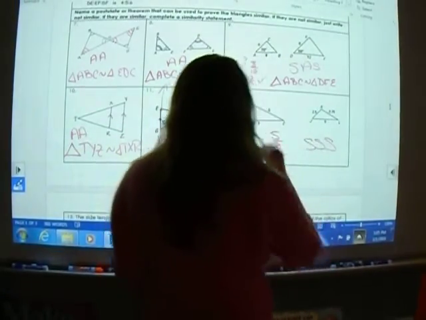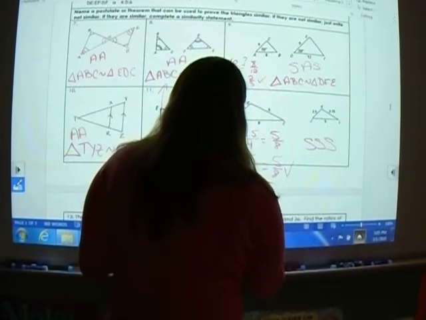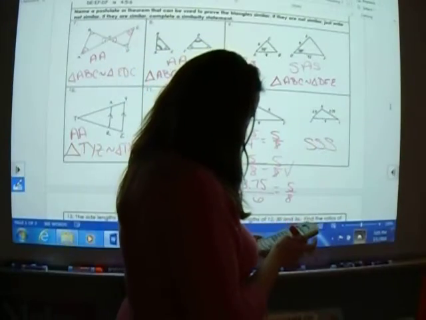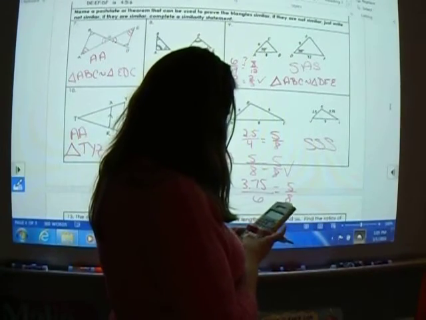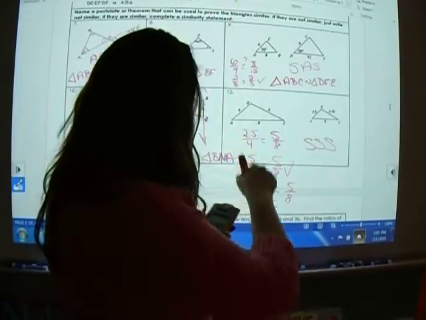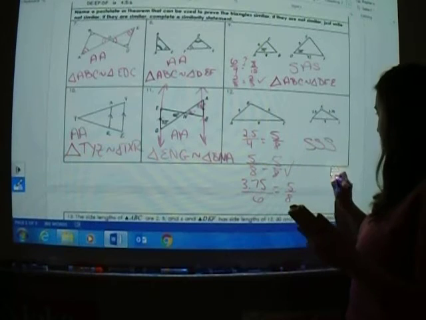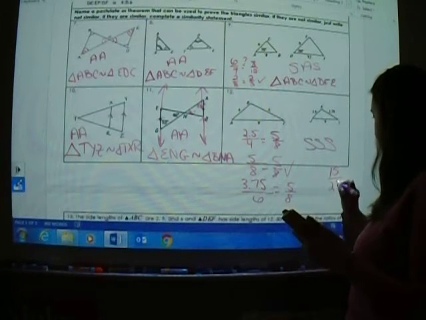Well, actually, we have to check if this is 5 eighths. We need to check this as well. So we end up with 3.75 over 6 equals 5 over 8. Hold on. 3.75 times 4, we end up with 15 over 24.